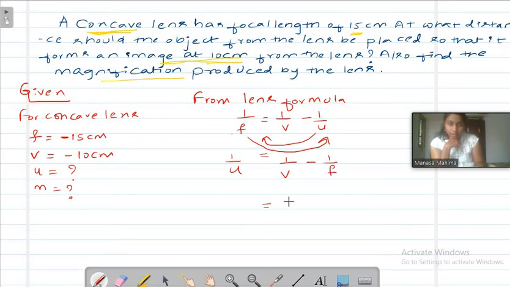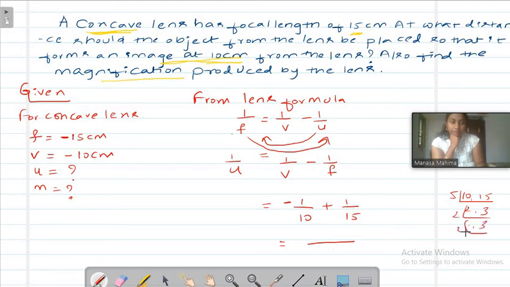Okay. If I solve for this, minus 1 by 10 plus 1 by 15. What is the LCM? For 10 and 15, 5 2s are 10, 5 3s are 15, 10 3s are 30. 30 is the LCM.